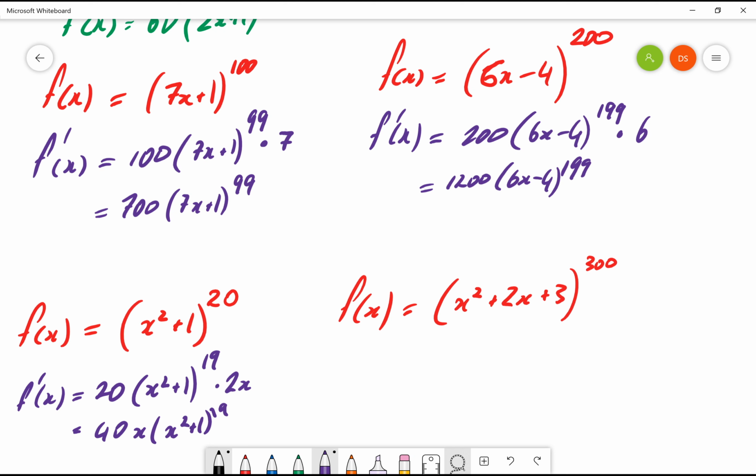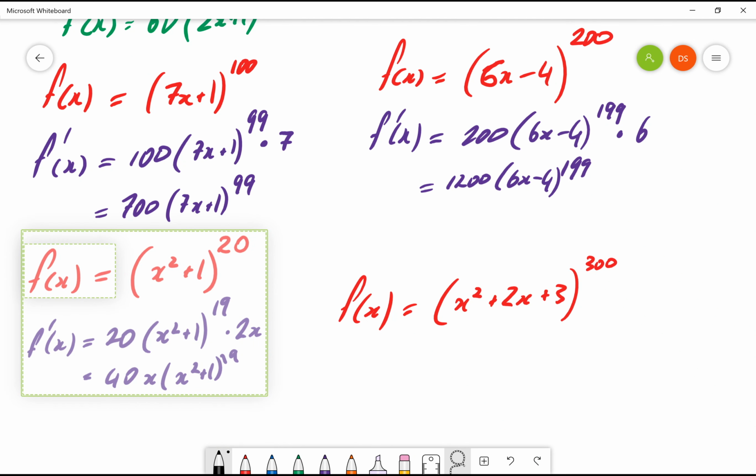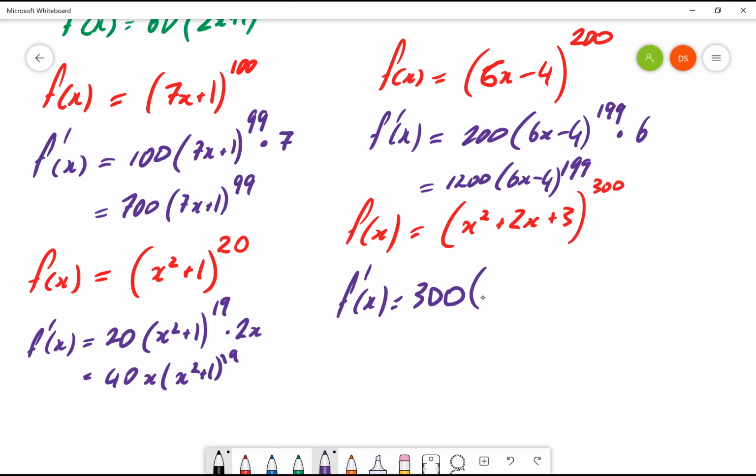I'm going to actually just move this up a little bit, team. Alright, and then say with this one, that was an accident. Right, and so then the derivative of this, let's just check. Multiply by the power, take 1 off the power, multiply by the derivative of the inside, and the derivative of the inside is 2x plus 2.